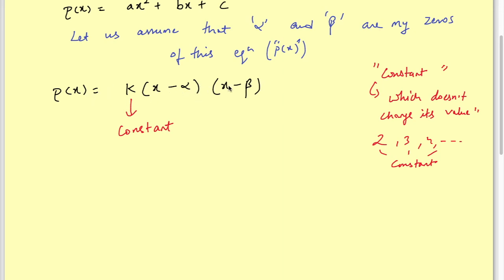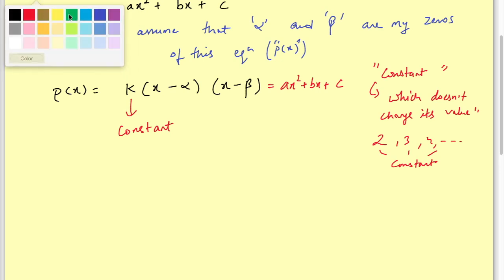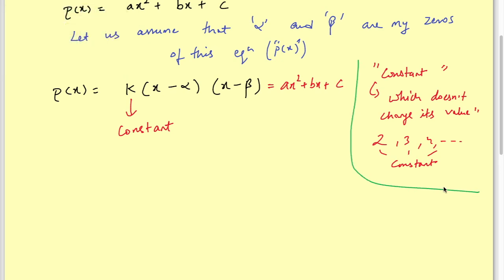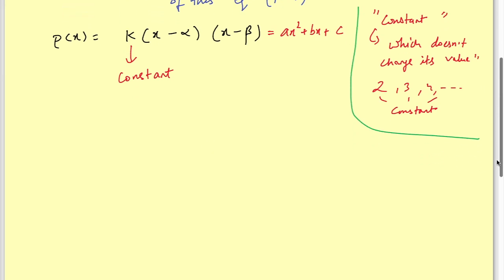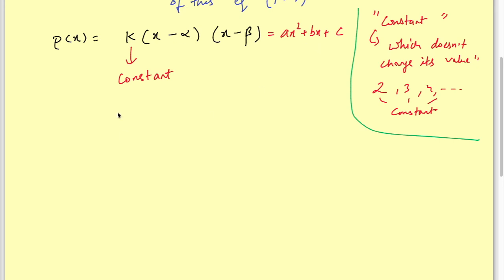So let us assume p of x is k(x minus alpha)(x minus beta), which is equal to this equation, ax square plus bx plus c. Let me draw a line here so that we can separate it out. Now we need to compare this equation with this equation. Now let me break this equation.